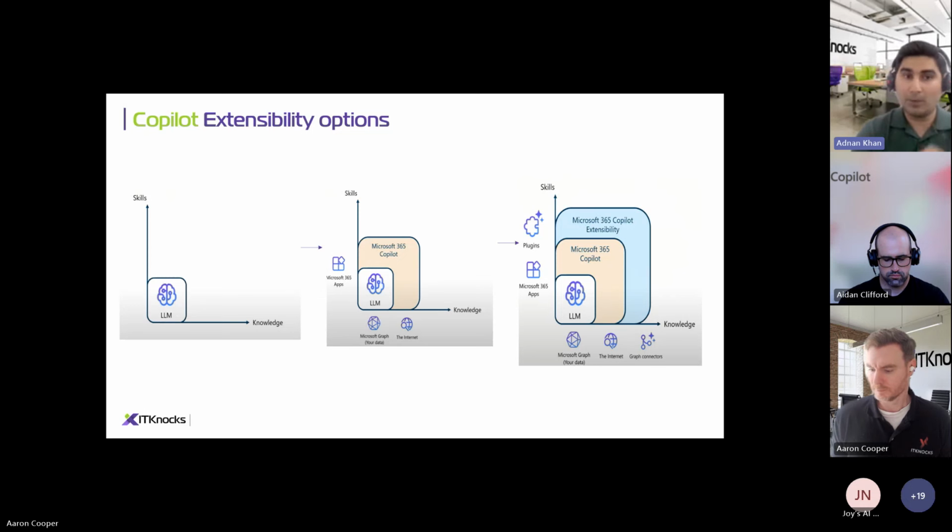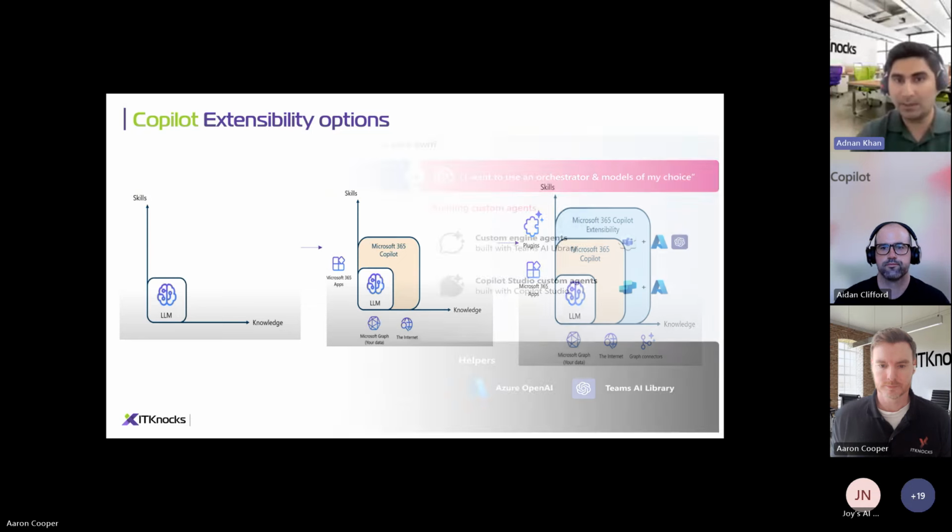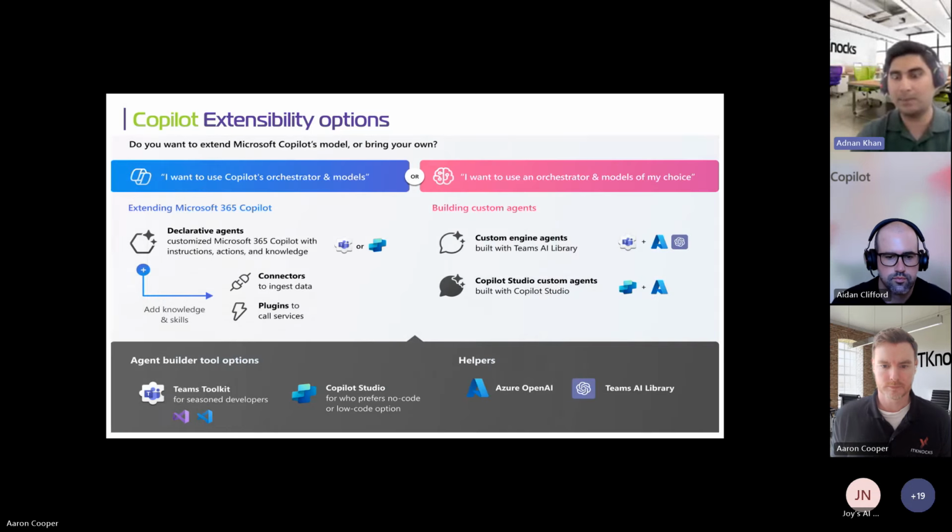On top of that, extensibility adds more knowledge by adding Graph connectors, which enable data ingestion from various sources, facilitating unified data access and insights across Microsoft 365 and other services. So it adds more skills with plugins to add the capability of performing actions.